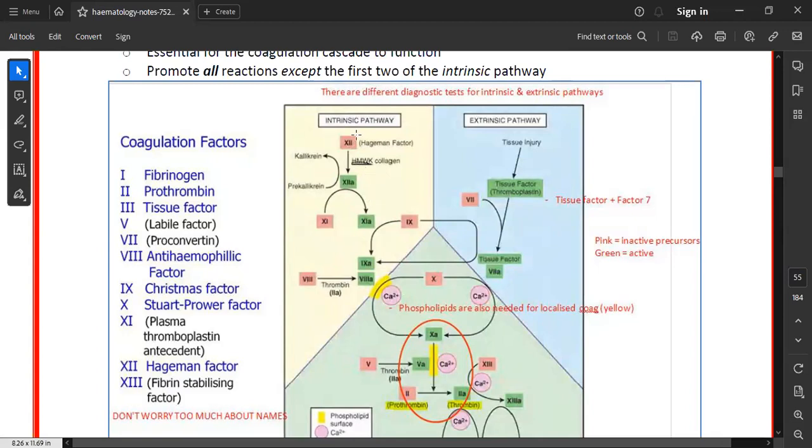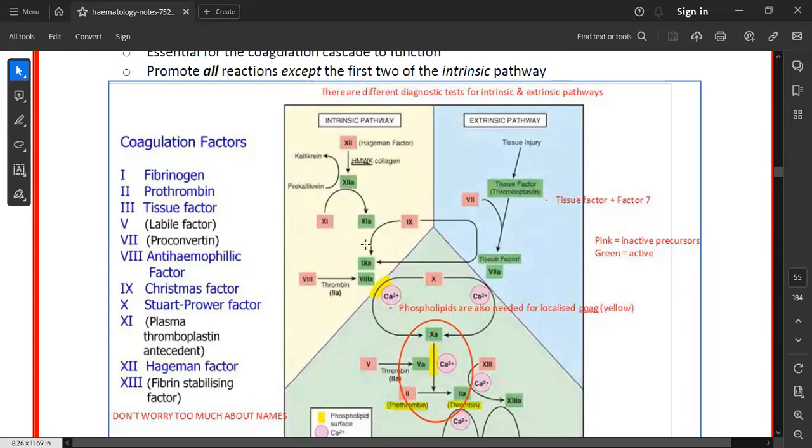The intrinsic pathway starts as a countdown. Factor 12 is activated by the collagen. Factor 12A activates 11 to 11A. It's a countdown. Once 12 is activated, it activates 11.